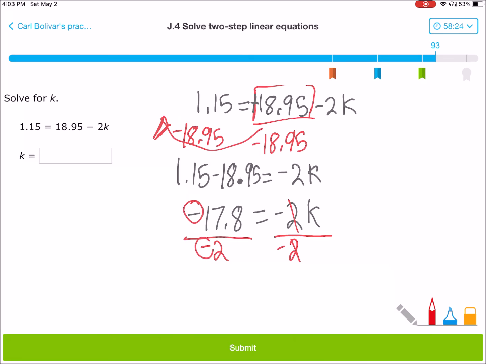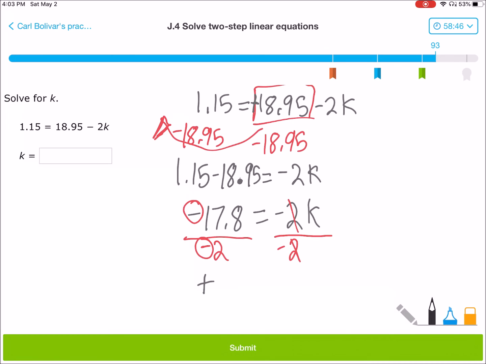Now we have the sign thing again, where we have to change the sign basically, because they are two signs dividing each other. When two negative signs divide each other, what does that become? Yes, a positive. So we will have a positive 17.8.